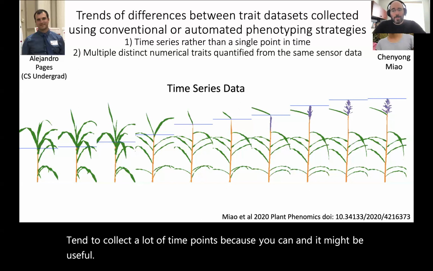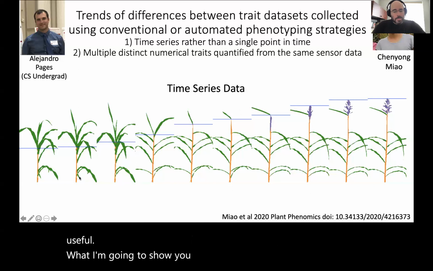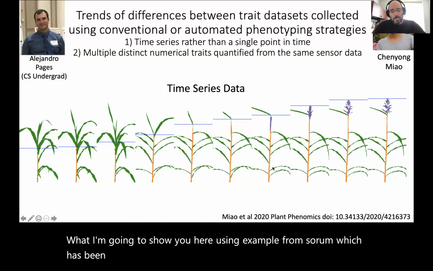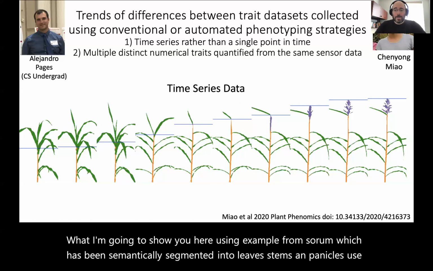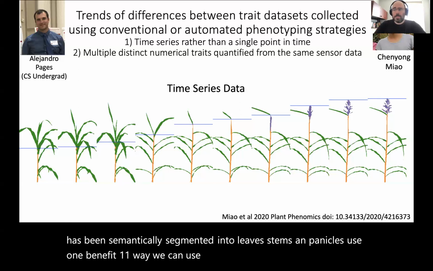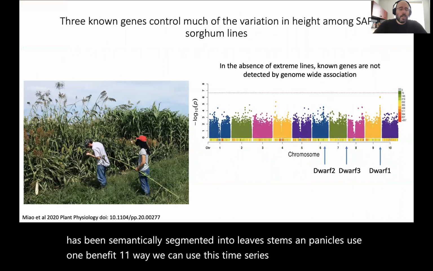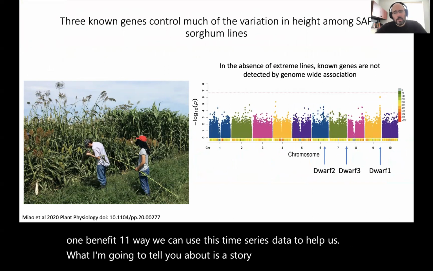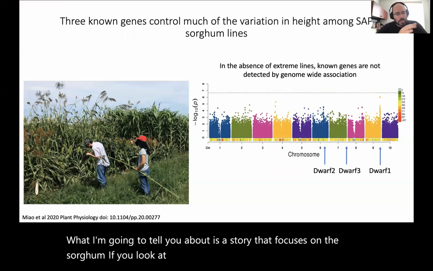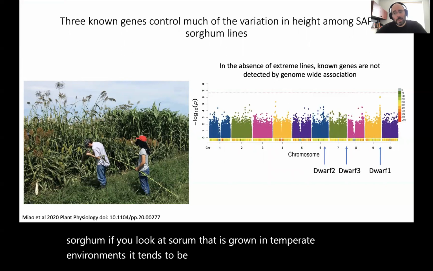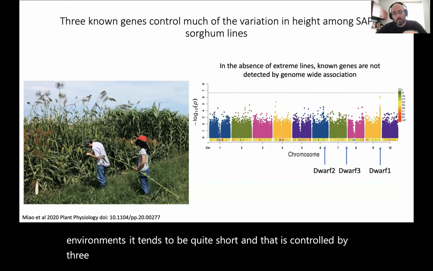What I'm going to show you here, using an example from sorghum, which has been semantically segmented into leaves, stems, and panicles, is one benefit, one way we can use this time series data to help us. What I'm going to tell you about is a story that focuses on the sorghum. If you look at sorghum that is grown in temperate environments, it tends to be quite short, and that is controlled by 3 large effect genes, dwarf 1, dwarf 2, and dwarf 3.